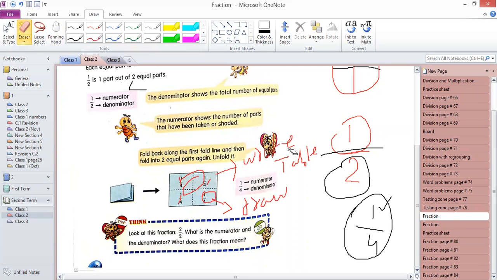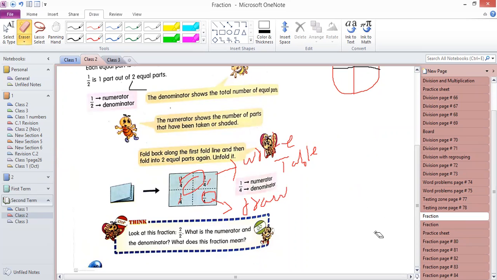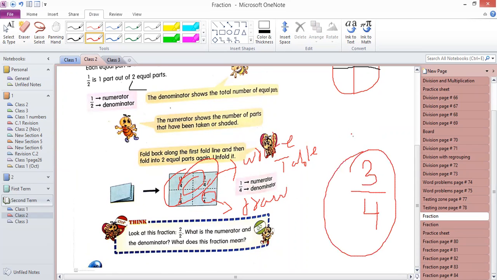So what will be the fraction for writing the table? You will say, sir, because I have divided into 4 equal parts, and for writing tables, I have 1, 2, and 3. 3 parts. So out of 4 parts, in 3 parts, I will write table.